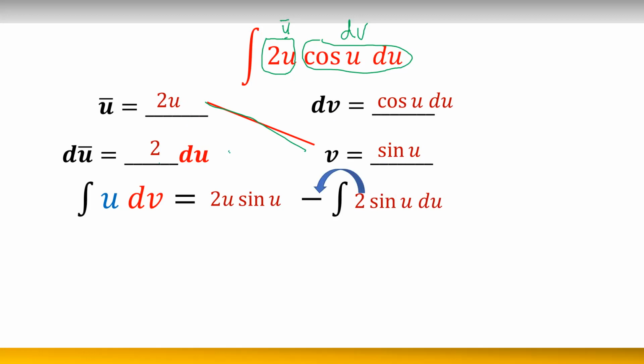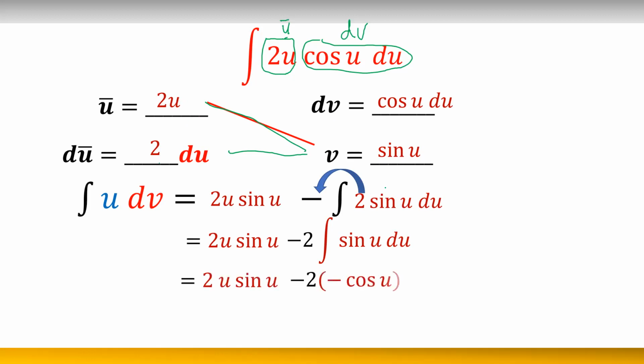Ito. That will be 2 sine u. Nilabas yung 2. So, minus 2 integral of sine u du. Ma-integrate na natin si sine u. That is negative cosine u. So, minus 2, negative cosine. Negative cosine nga pala pag integral ng sine. No? So, negative cosine u plus c. So, magiging positive na. Magiging plus 2 cosine u plus c.